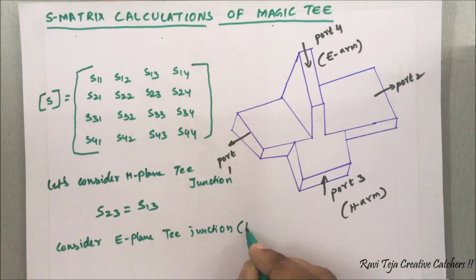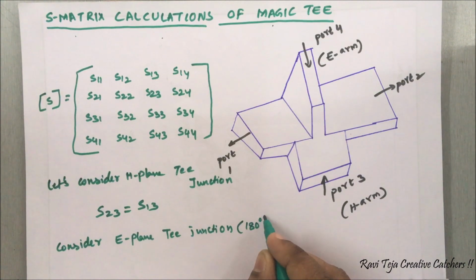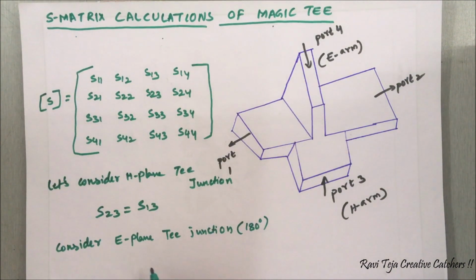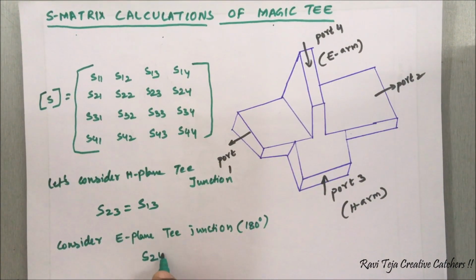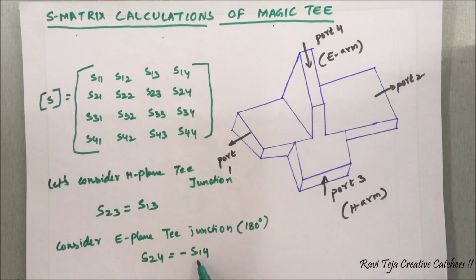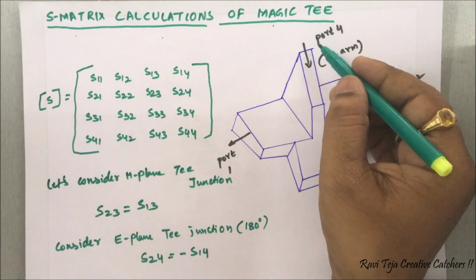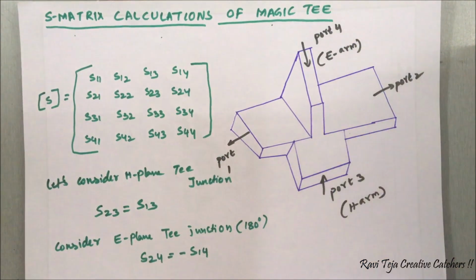So at E plane T junction we can observe the 180 degrees of phase shift. That's why we are writing it as S24 is equal to minus of S14, where 1 and 2 are the outputs and port 4 is the input of this particular E arm.